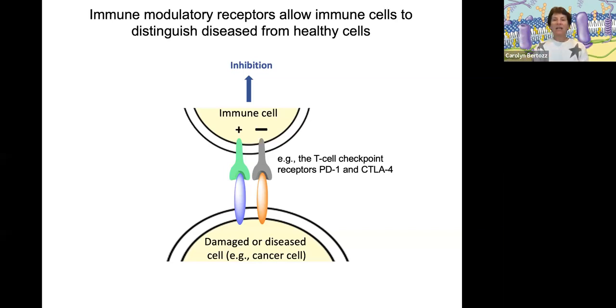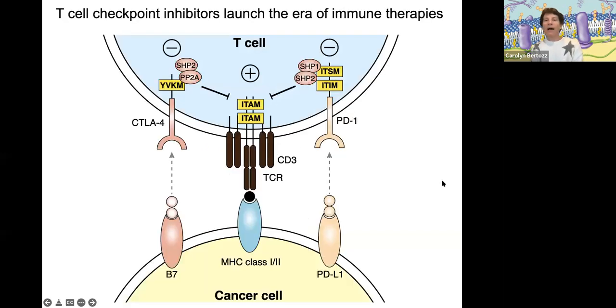And the most prominent of these have been what we call the T cell checkpoint inhibitors that block inhibitory receptors on a T cell that go by the name PD-1 or CTLA-4. And the approval of monoclonal antibodies that do this was one of the great breakthroughs in oncology over the last 2 decades.